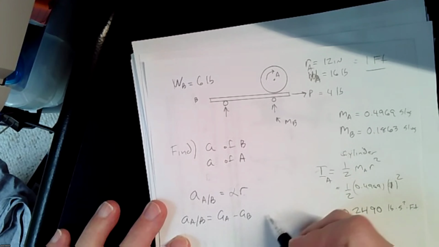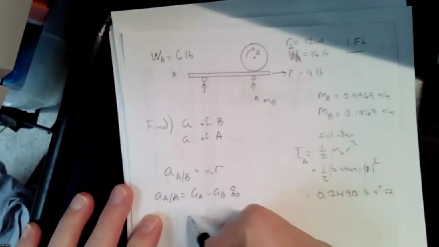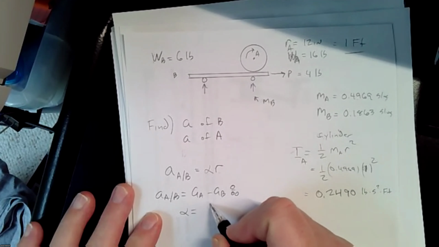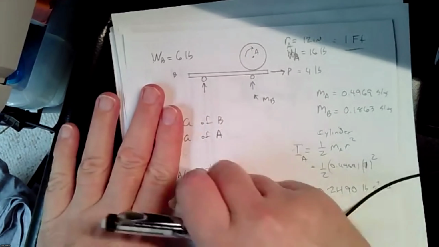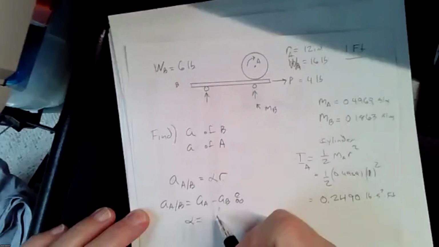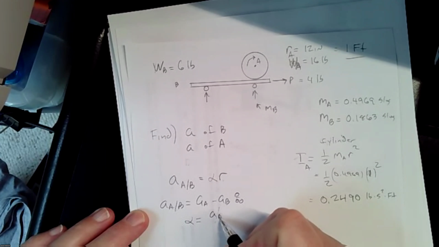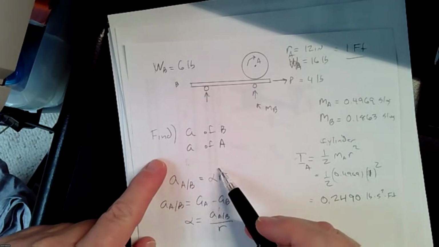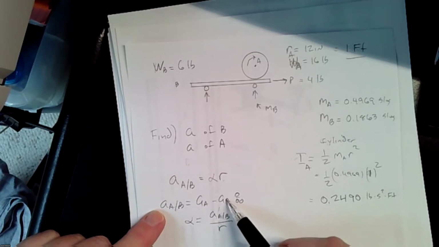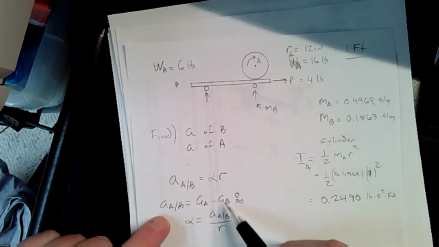So we write that alpha equals the acceleration of A relative to B over R. Of course, I didn't need this intermediate step, but later we're going to substitute this in for this.